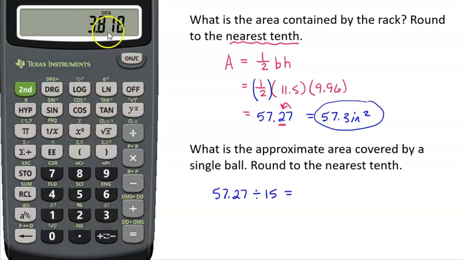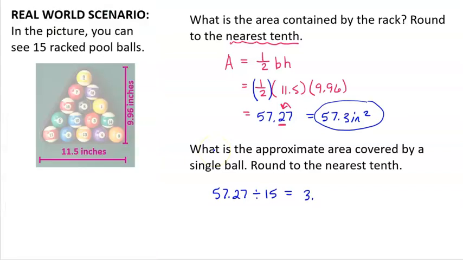And we get 3.818. And then if I'm rounding to the nearest tenth, that 1 is not going to change the 8. And so that's going to be 3.8 inches squared.